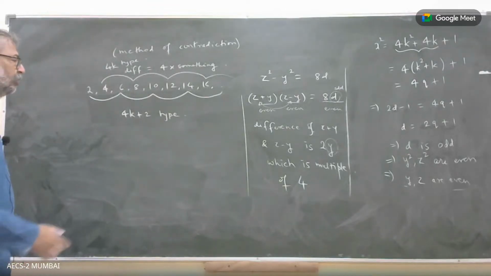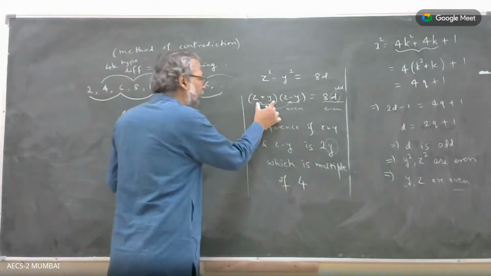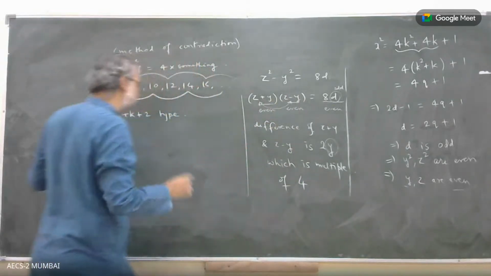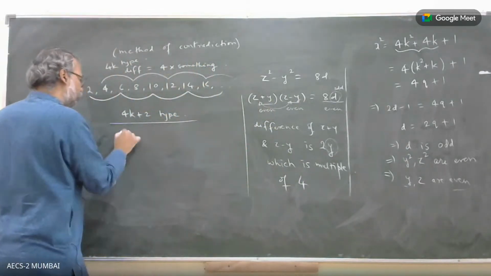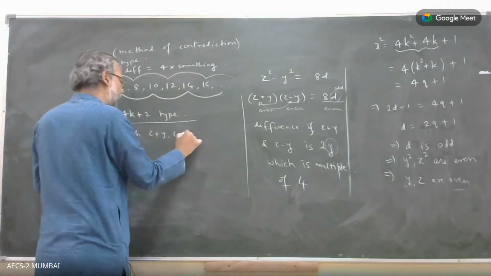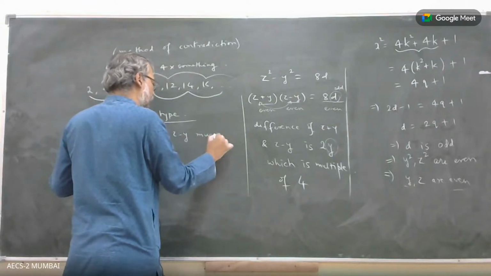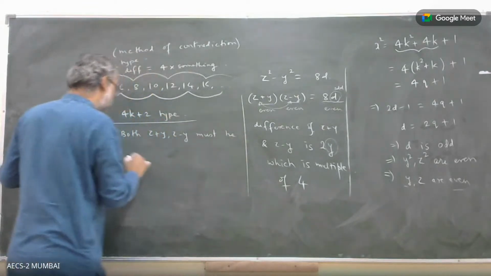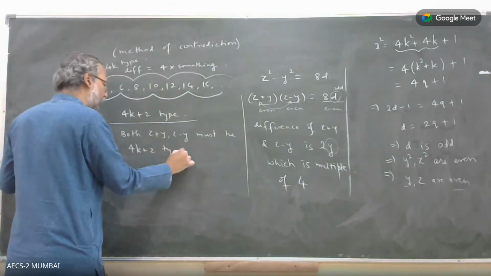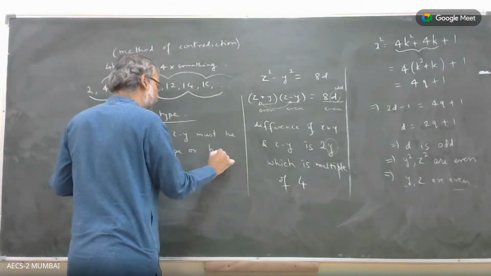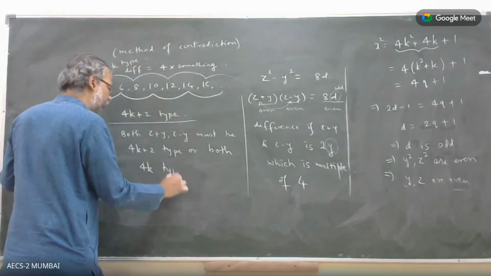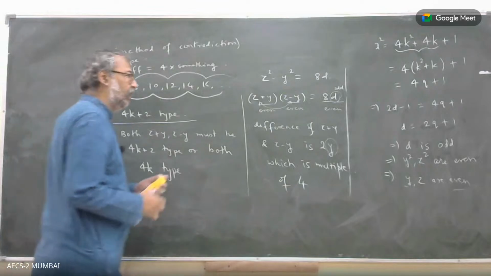So can I say that the difference of these two is a multiple of 4, which means both z plus y and z minus y must be 4k plus 2 type or both 4k type.